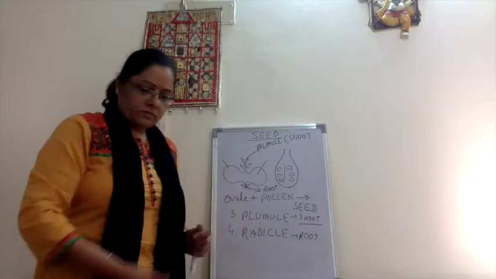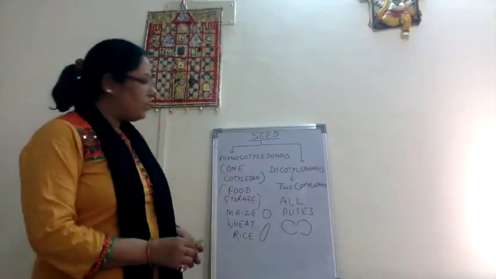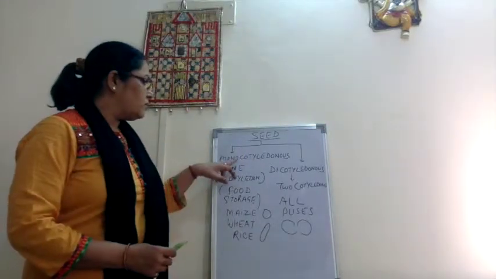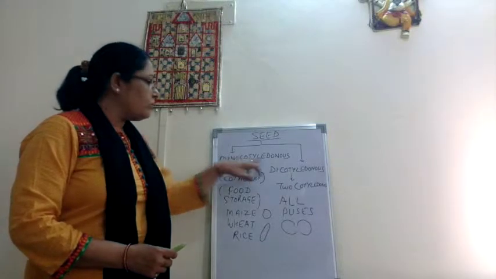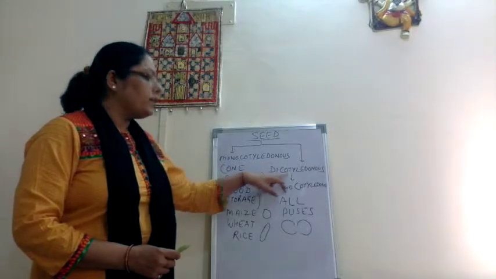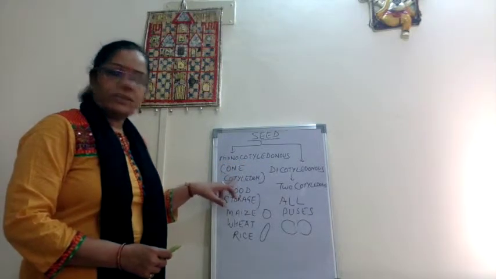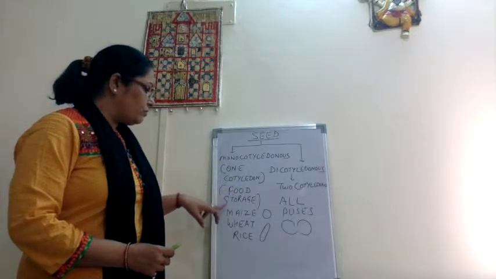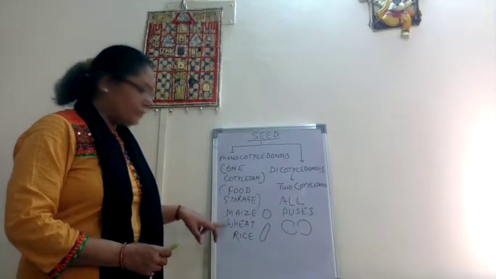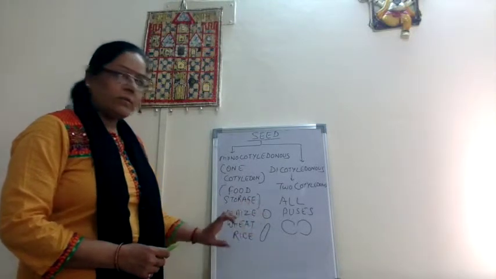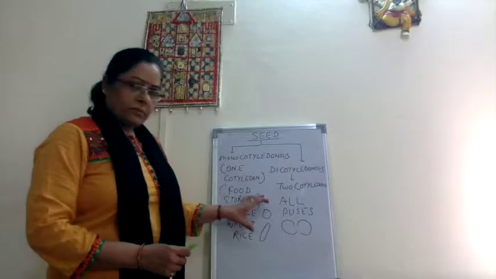What is seed? Now as you see, seed is of two types: monocotyledonous and dicotyledonous. In monocotyledonous, only one cotyledon is there, which stores food, like in maize, wheat, rice. Only one chamber.